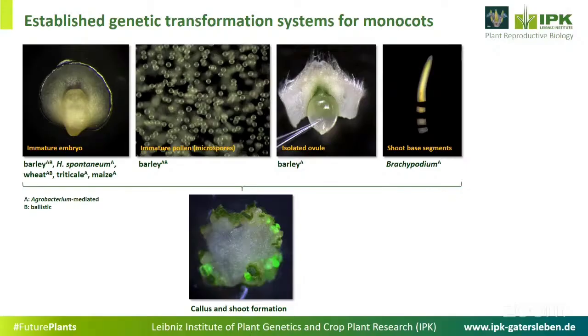All of these systems somehow develop a regenerable structure. As a representative, you see here below the callus forming leafy structures at its surface. To indicate transgenic cells and tissues, we use a fluorescent protein from a jellyfish. This fluoresces in green, as you can see here in some of these surface structures, and this is an indication that some transgenic plants will develop from this.